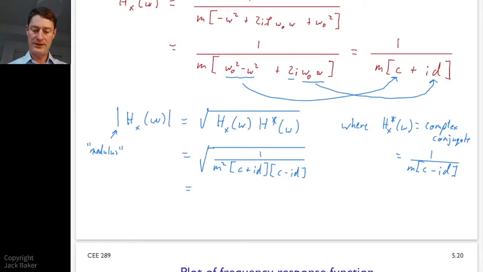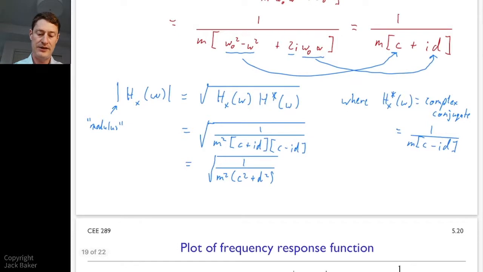The c times the c gives us a c squared. The inner term gives us an icd, the outer term gives us a minus icd, which cancels. And then the last two terms, we get an id times a minus id, so we get minus i squared d squared, but the i squared is a minus 1 as well. So we end up with 1 over m squared times the square root of c squared plus d squared, where that complex conjugate calculation canceled out the imaginary number. We started off with that imaginary number, which set up our math nicely, and then we take the complex conjugate to get rid of it.